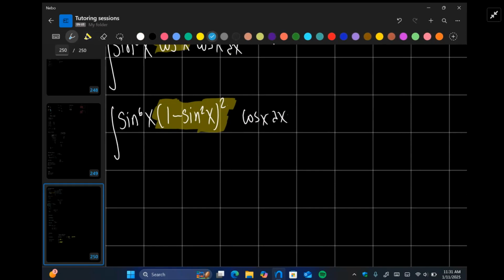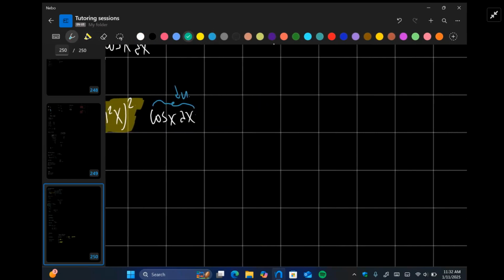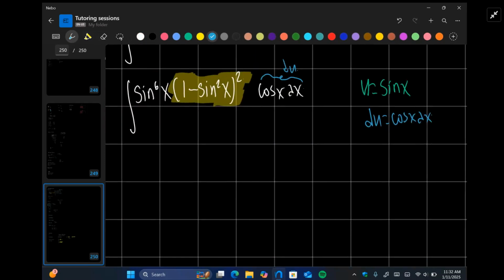This can be my du, and then my u can be sine x. So then du is cosine x dx. So now we can clean this up. We have the integral, and we want to make it in terms of u. That's why most of the time we're going to have to use u substitution here.